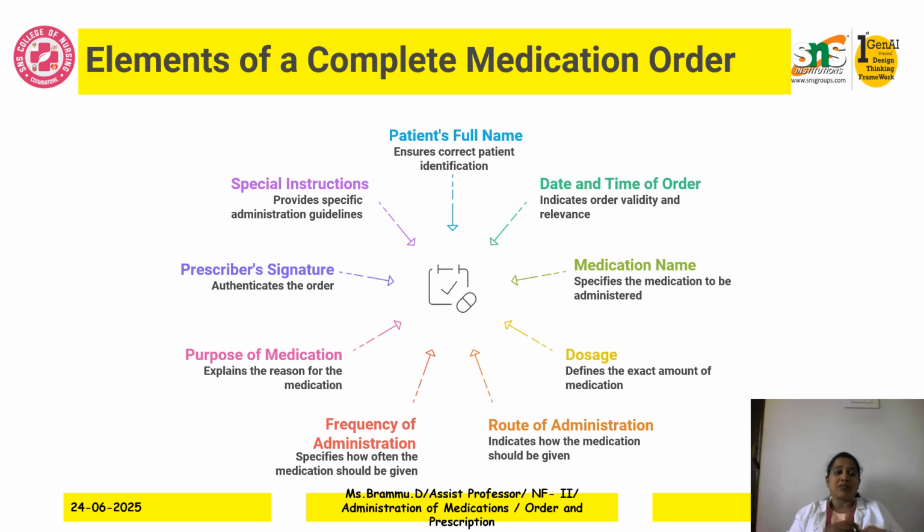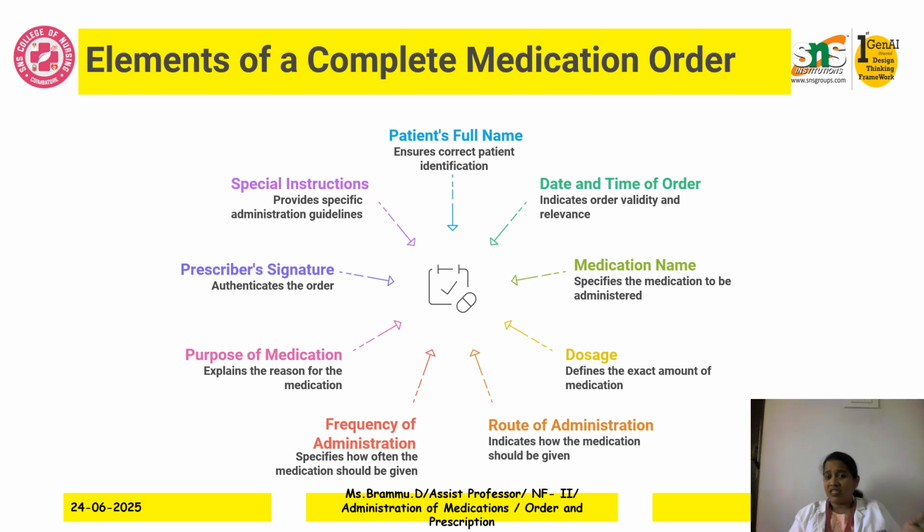Then comes the prescriber's signature, along with, maybe, his medical number or employee number, so that you are on a legally firm base. That is, there is no doubt you are going to give the exact drug prescribed by the physician.